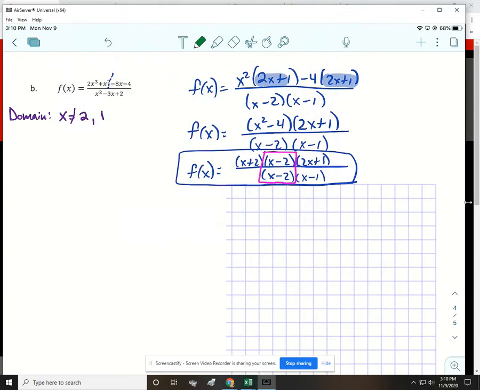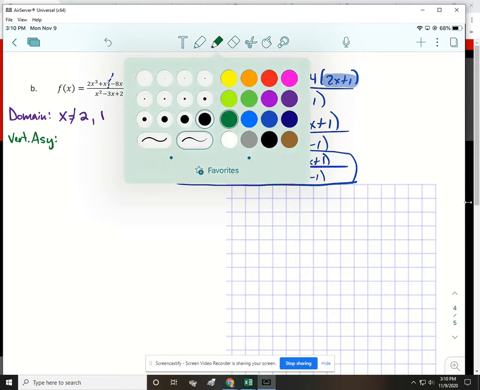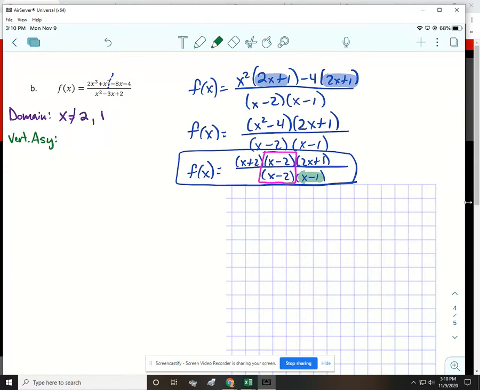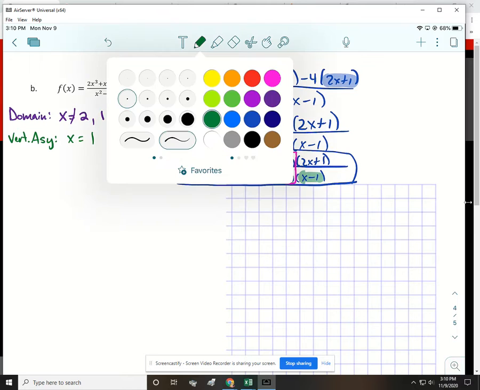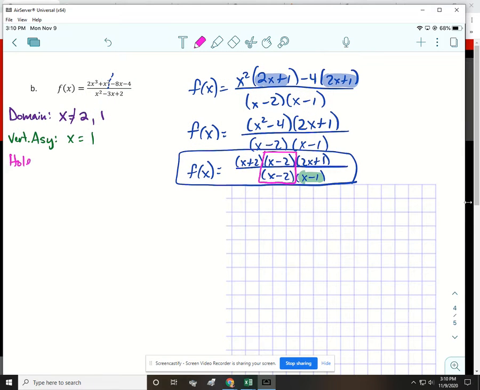We'll start with the vertical asymptote. So the vertical asymptote comes from the factor that is in the denominator outside of the box. So that's going to be the equation y equals 1. The hole comes from what's inside the box.